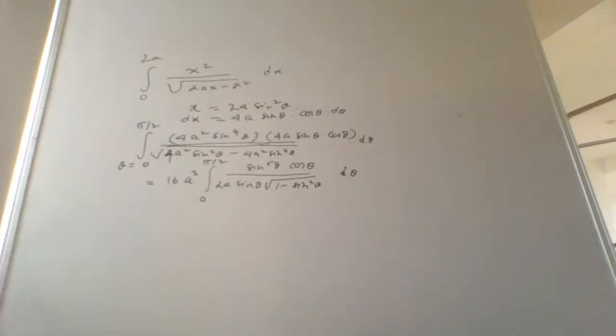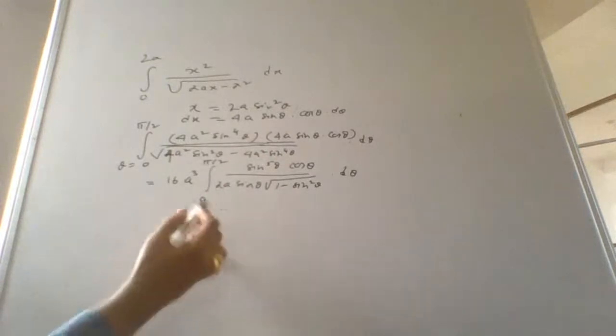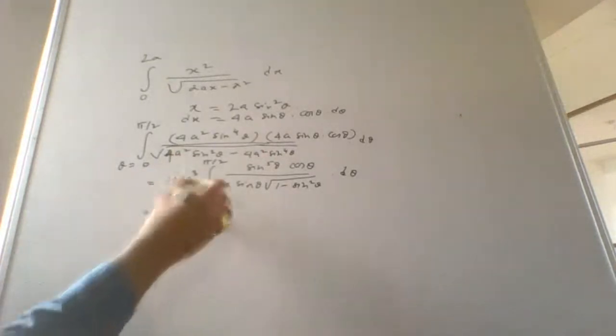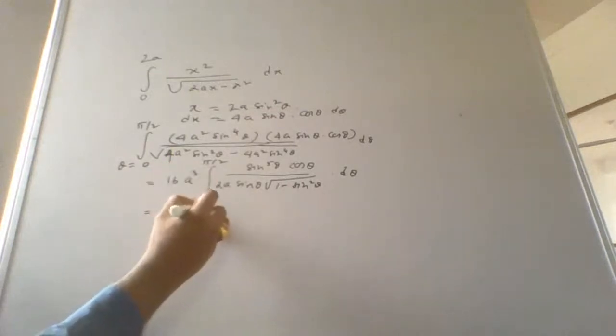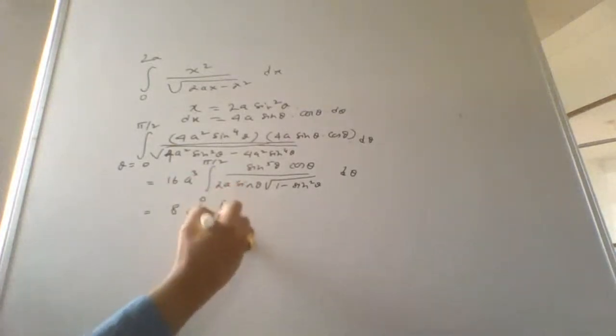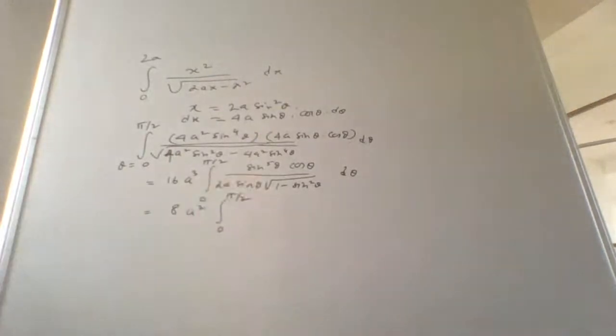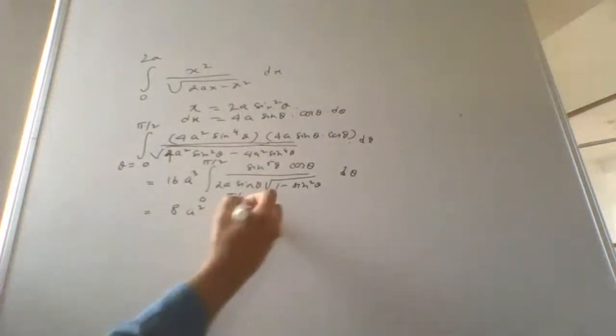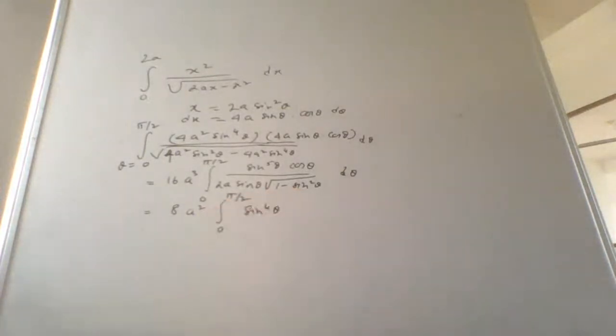Now further simplification. This is cos square, which is cos, and cos gets cancelled. One sine term gets cancelled, and I get a square, so 16 by 2, which is 8, integral 0 to pi by 2 of sine power 4 theta.